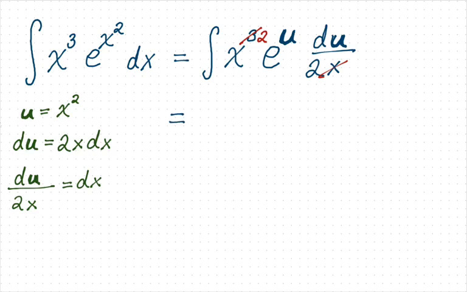And I'm just going to simplify a little bit. I'll pull that 1/2 out front. And now that x squared is exactly u, times e to the u du.